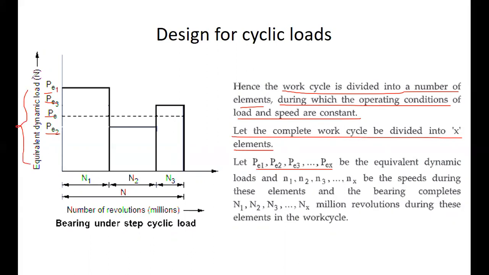Here actually it should be PE, not N. It's a typo. And N1, N2, N3, Nx are the speeds during these elements, and the bearing completes N1, N2, N3, Nx million revolutions during these elements in the work cycle.